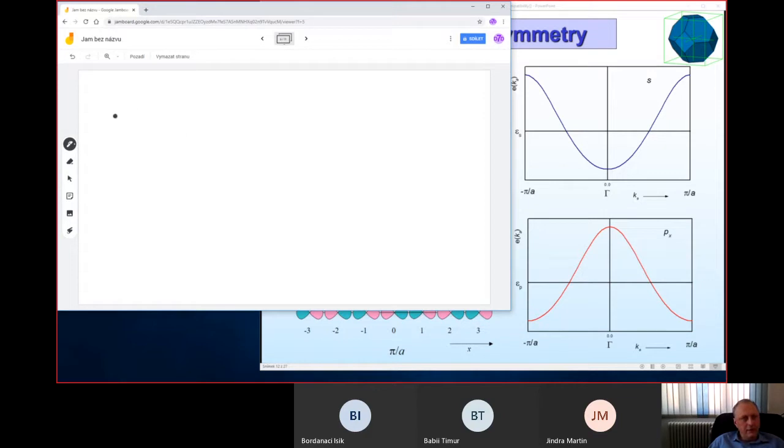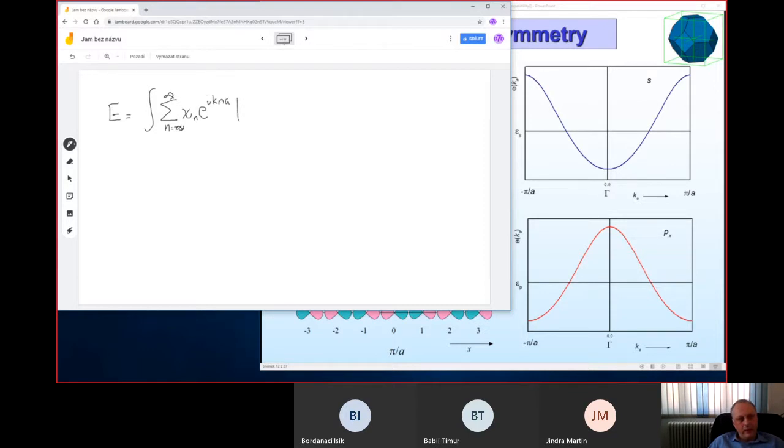the energy is equal to the integral, and now we have the sum over all atomic orbitals. Let's denote them chi n, and we sum over n from minus infinity to plus infinity, and then we have e to the power of i k n a.